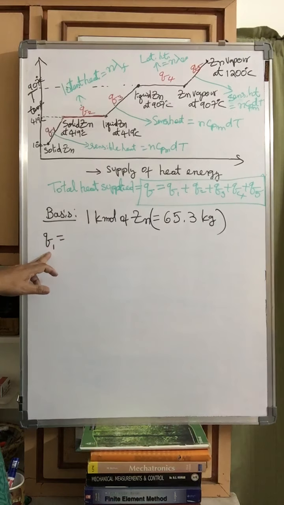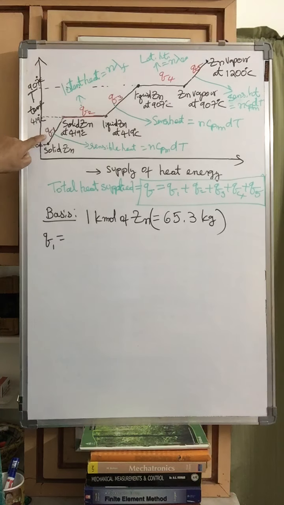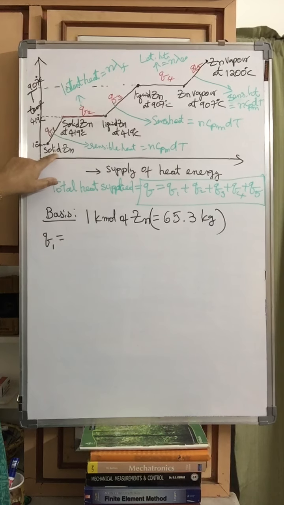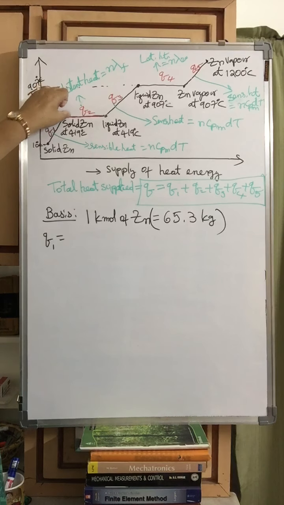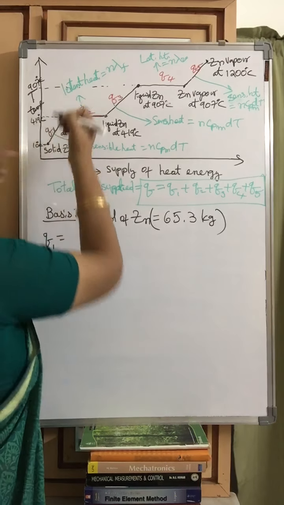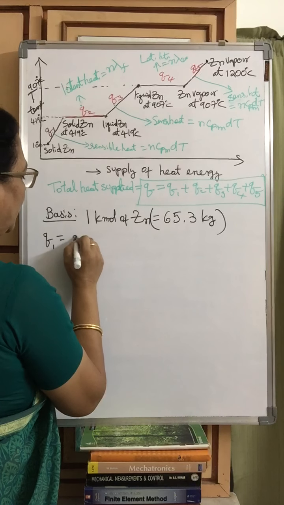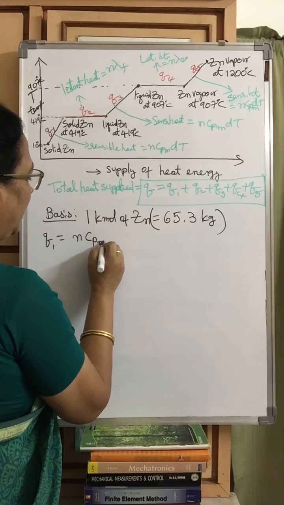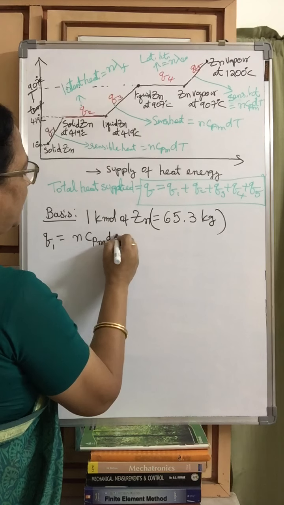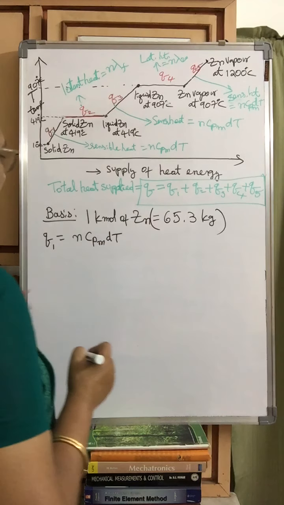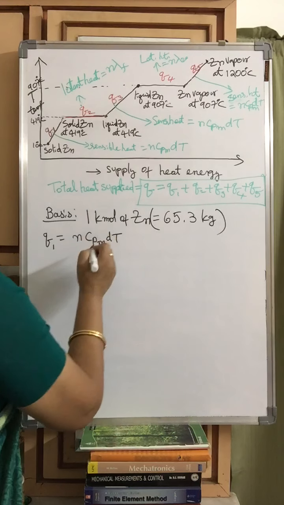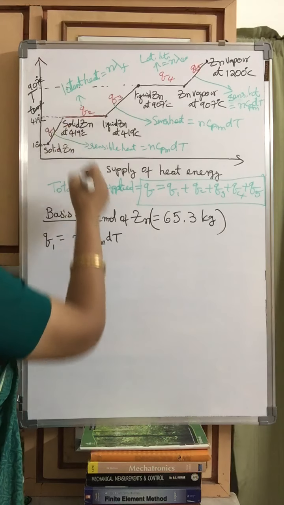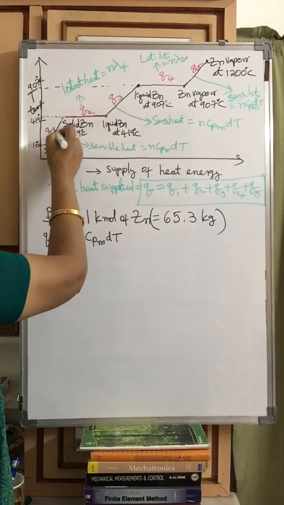Q1 is the quantity of heat to be supplied to convert solid zinc at 10 to solid zinc at 419. So it is a sensible heat calculation, and this is the equation we need to take: N CPM dT. Here CPM is the mean heat capacity of solid zinc.